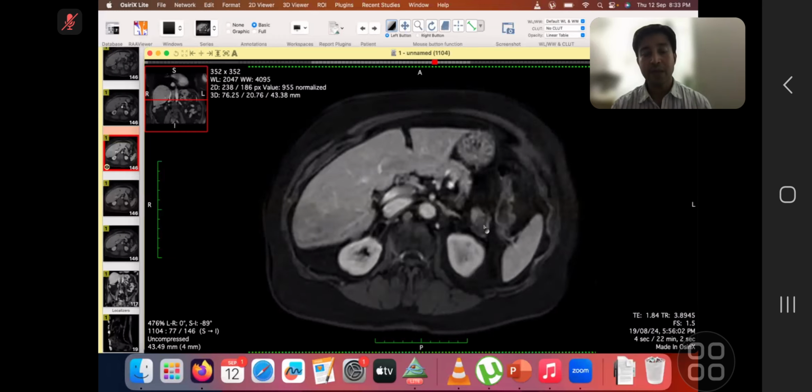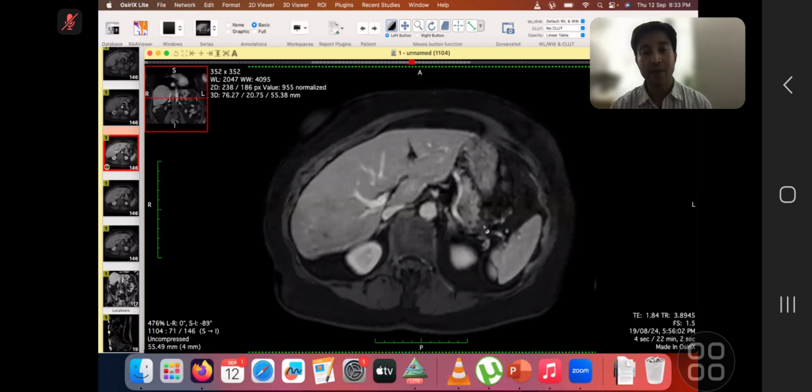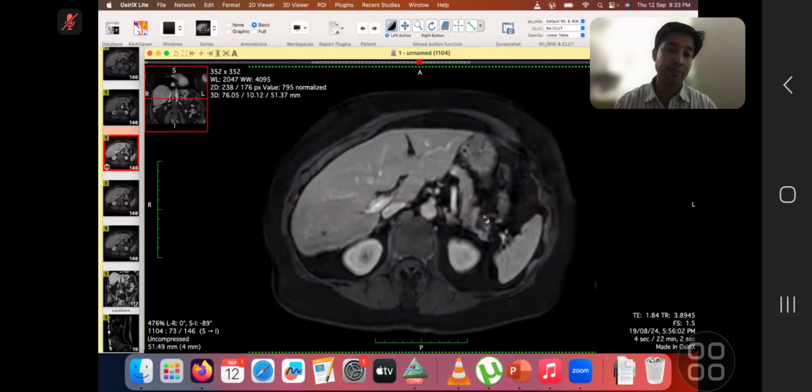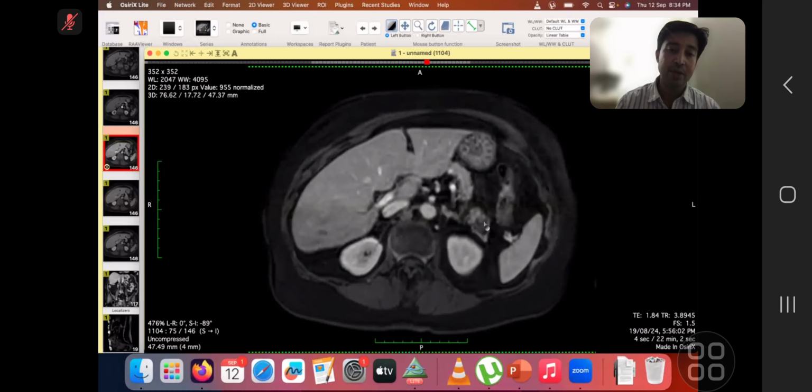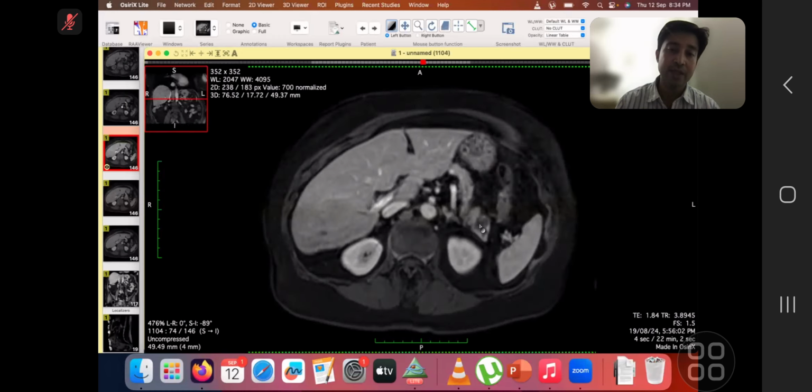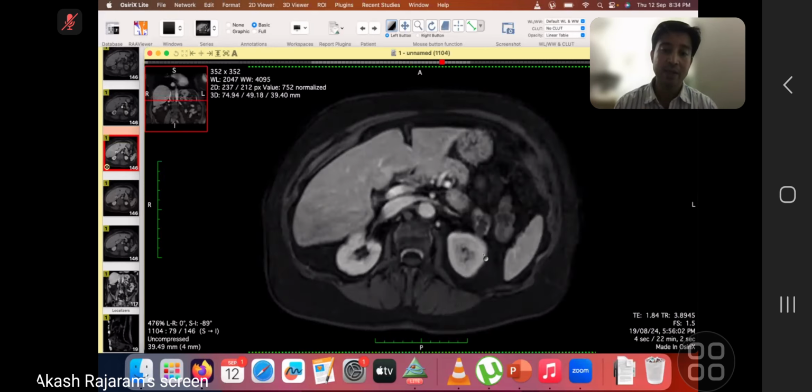You're seeing these enhancing septa within the lesion, but there is no obvious solid component. Based on this, she is a little old at 55, but still my first diagnosis for this kind of appearance would be a mucinous cyst adenoma. It will show this multilocular cystic appearance, and it's in the region of the tail of the pancreas, which is a very common location.